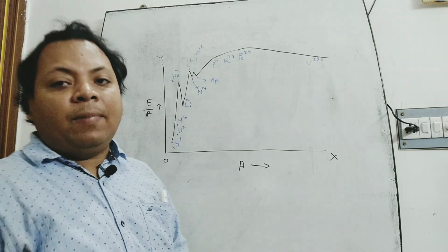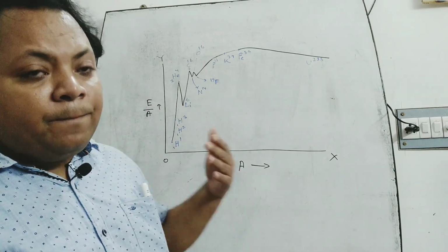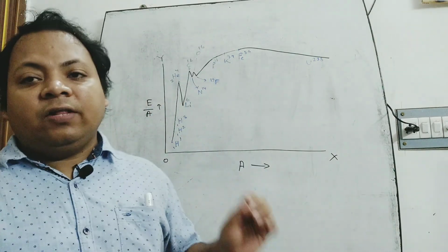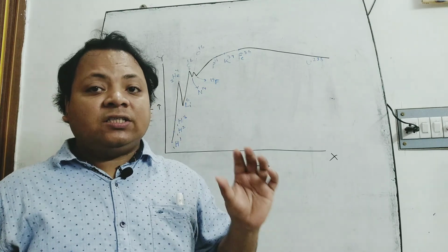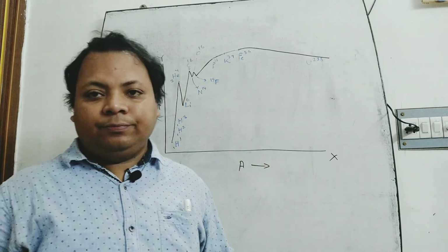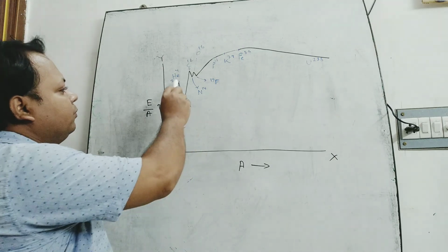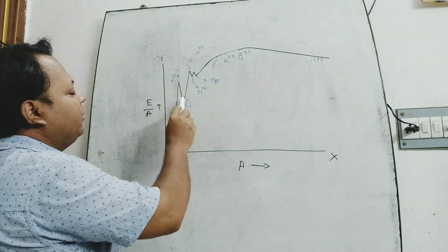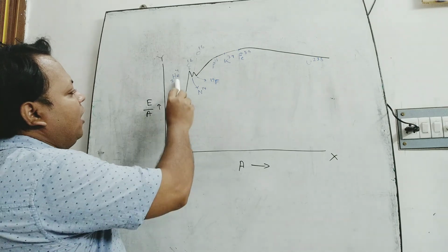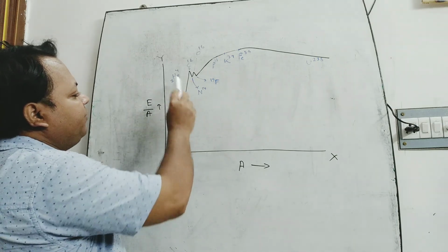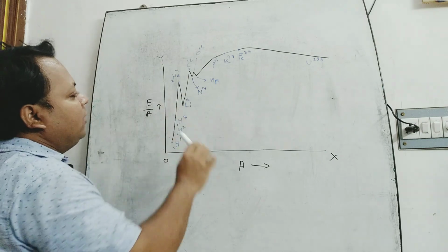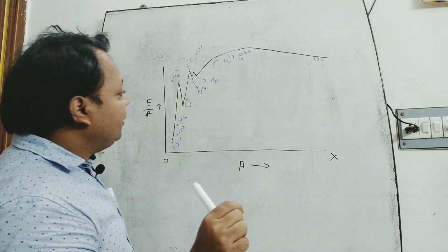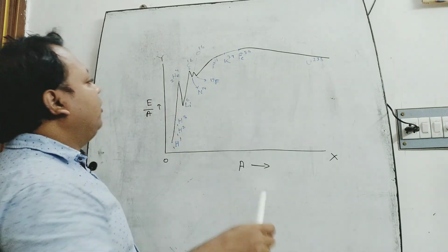When the binding energy per nucleon is more, then the nucleus is more stable, and these peaks and troughs show the stability of the nucleus of that atom.